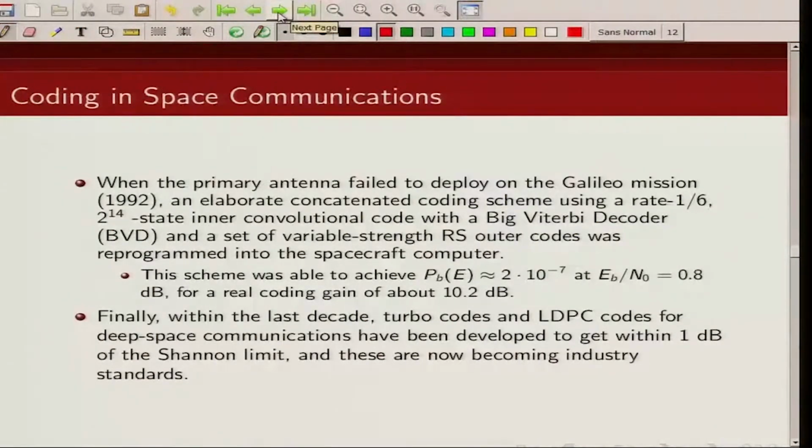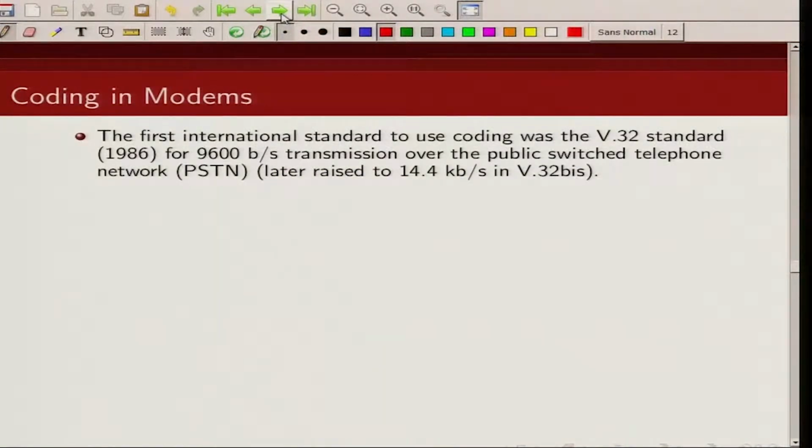And finally, as I said, from early 2000 now, this is the era of turbo codes and LDPC codes, and they are finding applications from deep space to mobile communication standards, TV broadcasting and things like that. Now, another area where error control coding and convolutional codes made a major impact was in coding for modems.